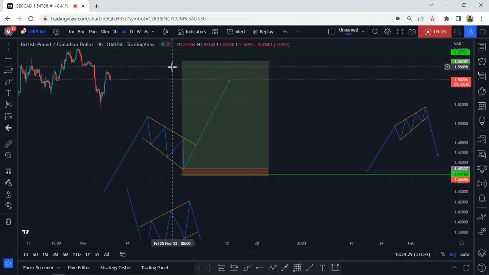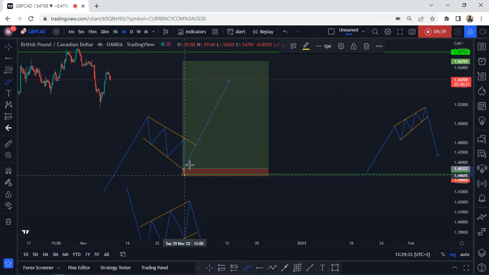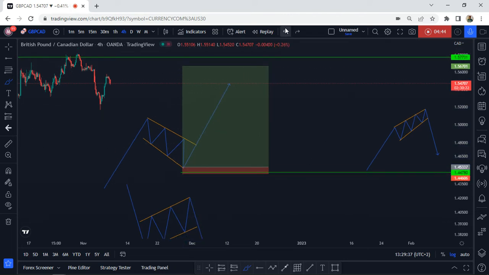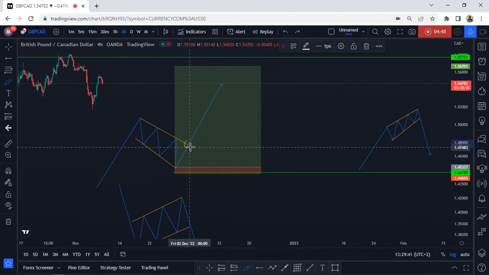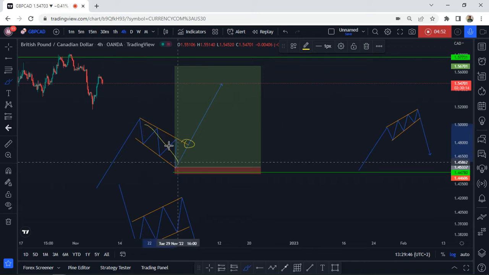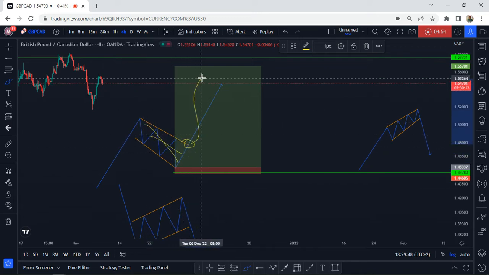It didn't commit that I'm going up right now. The market might still continue coming down before it later goes up. But with the reduced risk entry, the market already committed. So I broke this channel, now I'm ready to go up.